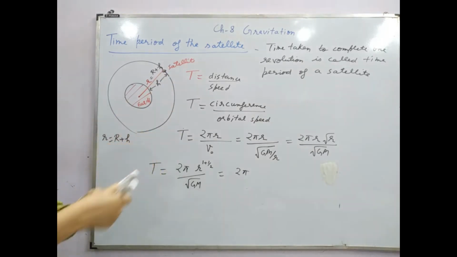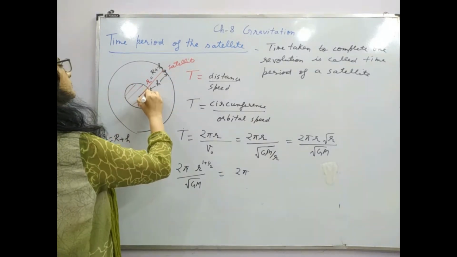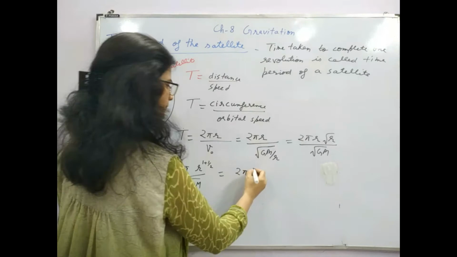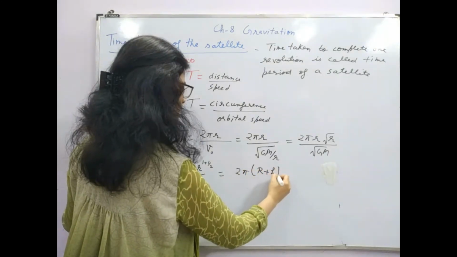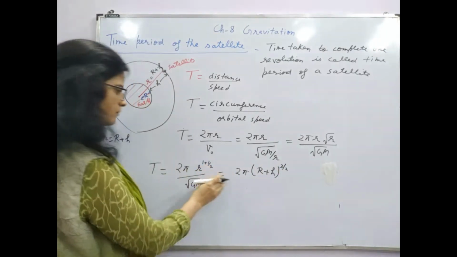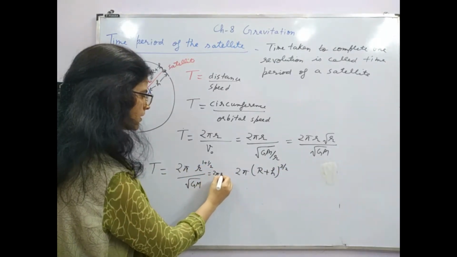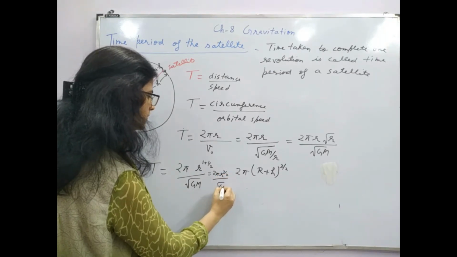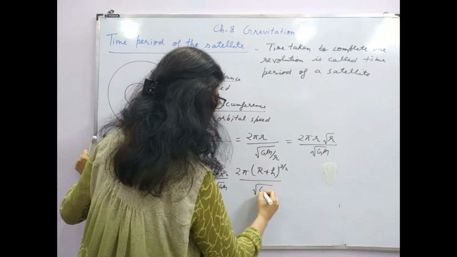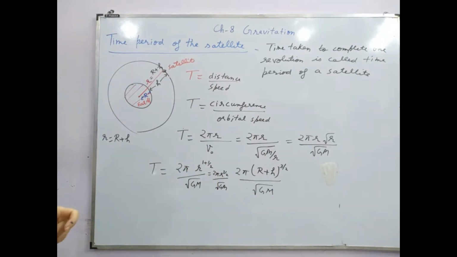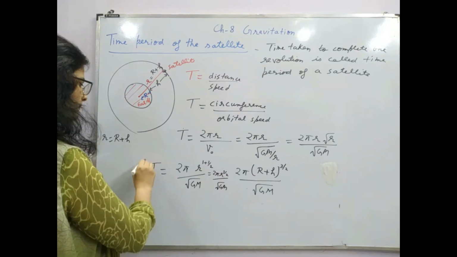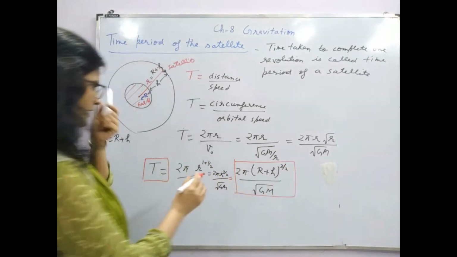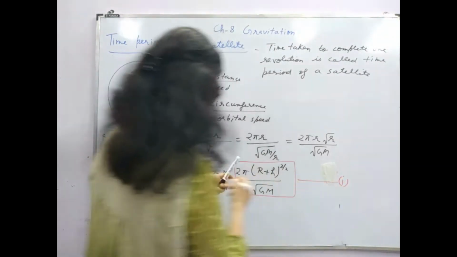This is h and this is R. So we are putting this value R plus h to the power 3 by 2, because this is actually 2 pi r to the power 3 by 2 upon under root of GM. This is one form of the formula for the time period. So I can mark this as the first formula.